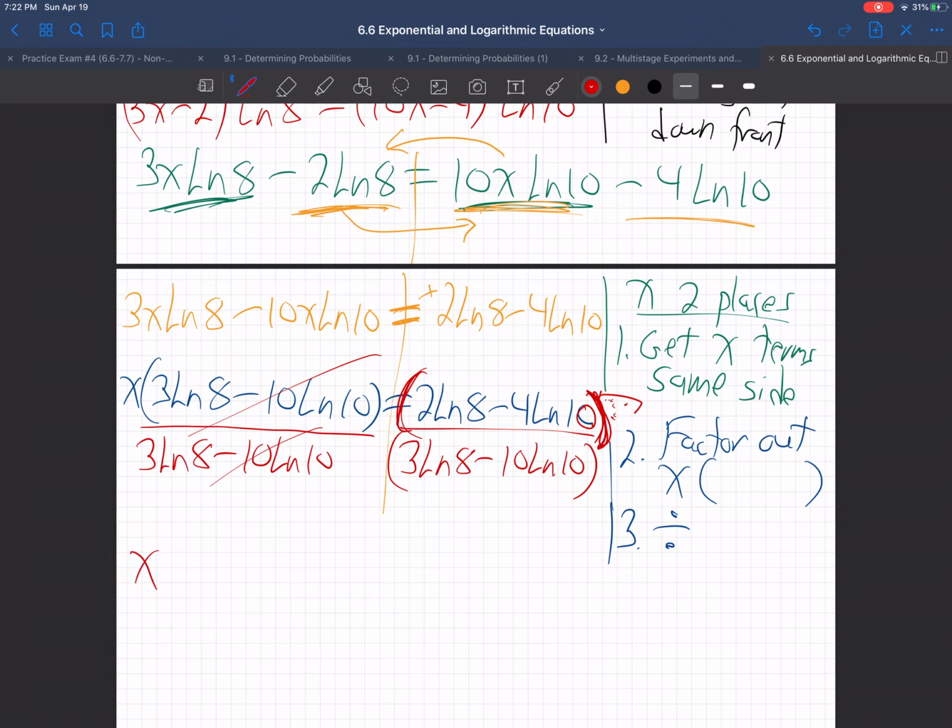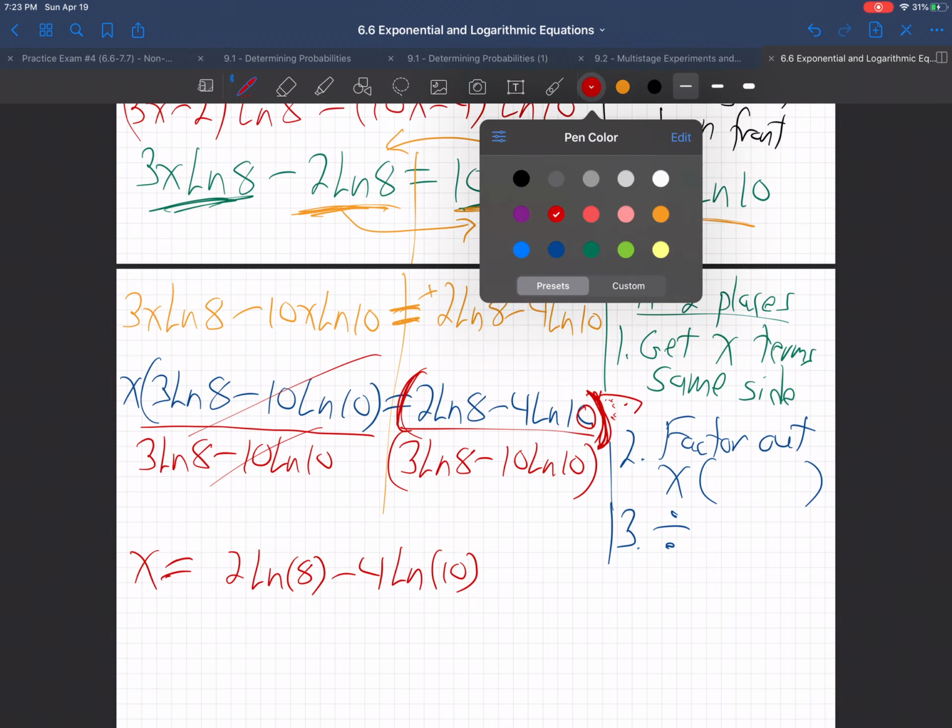So x will equal, let me just show you exactly, parenthesis 2 ln 8 minus 4 ln parenthesis 10, and then you need another parenthesis. It'd probably be best if I showed this by making these a different color. How about I make these blue?